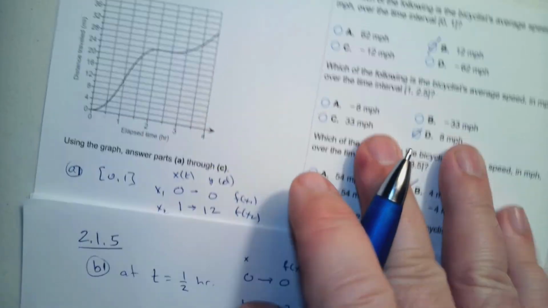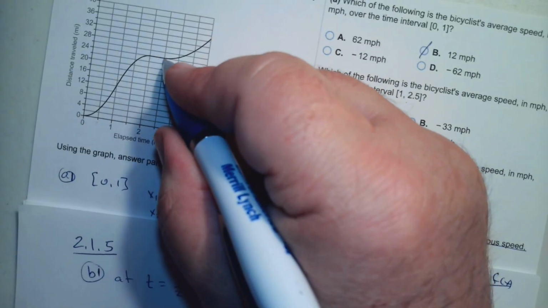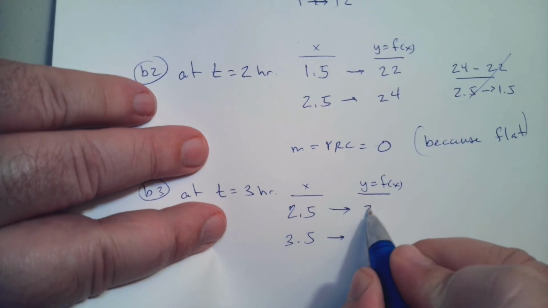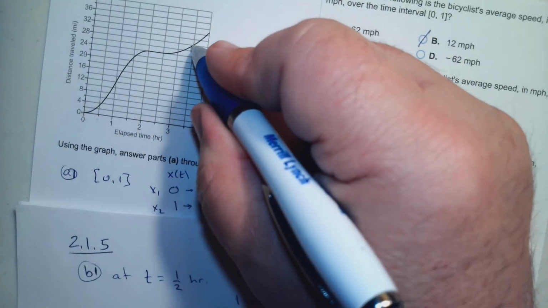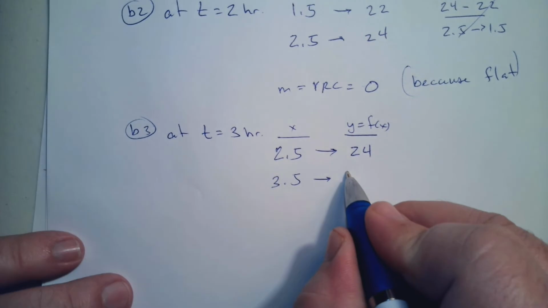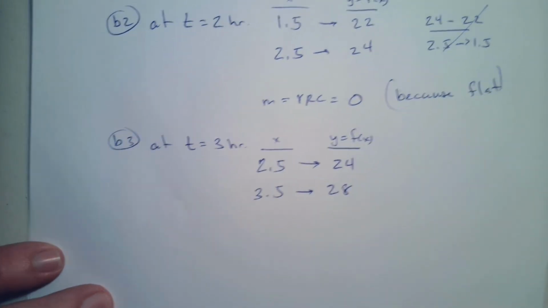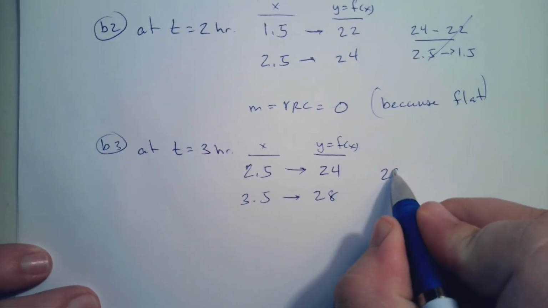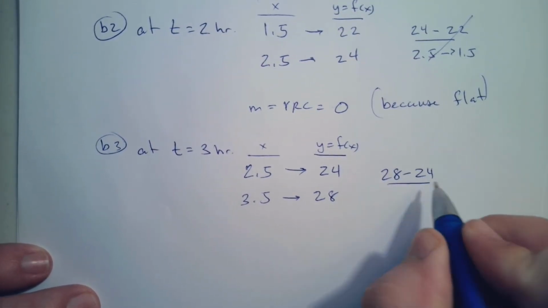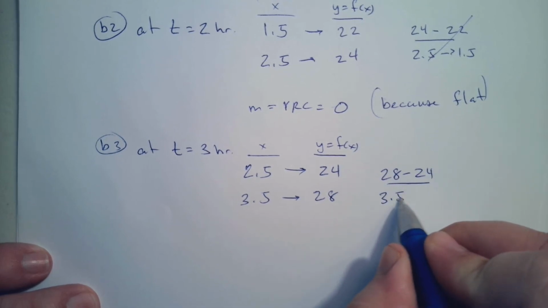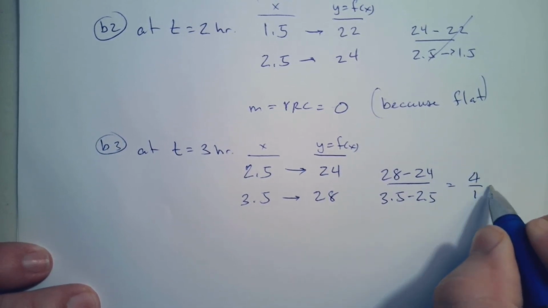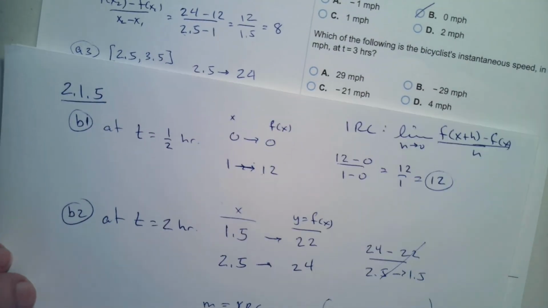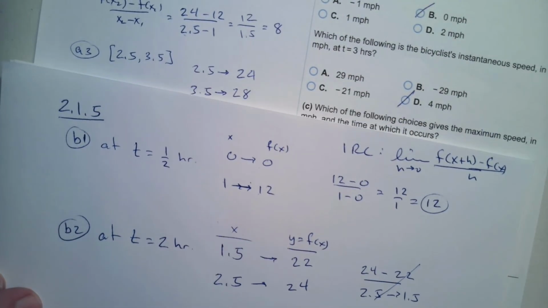At 2.5, we have 24. At 3.5, we have 28. So 28 minus 24 over 3.5 minus 2.5, 4 over 1 is 4. So the answer is D.